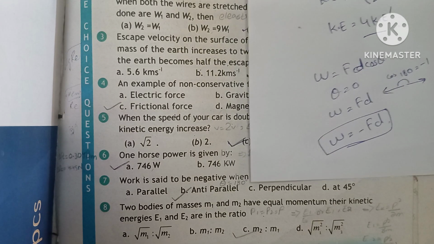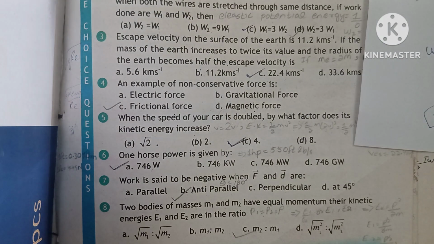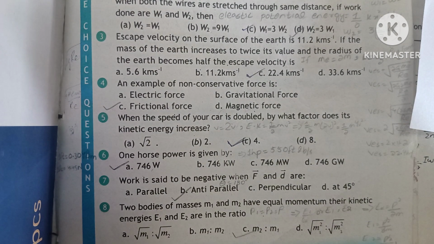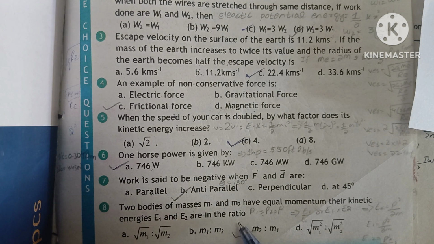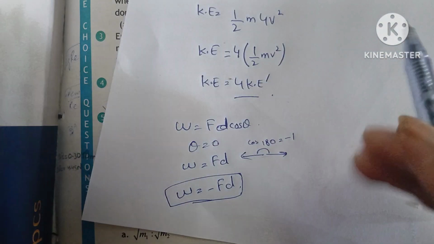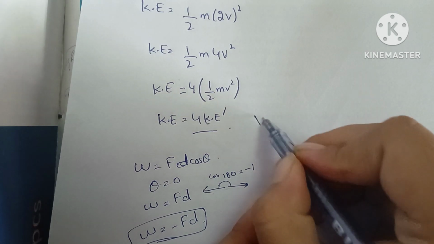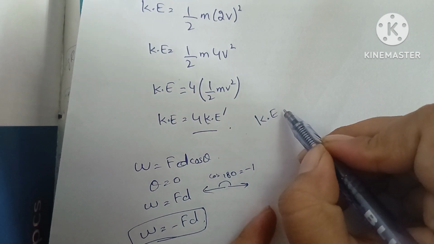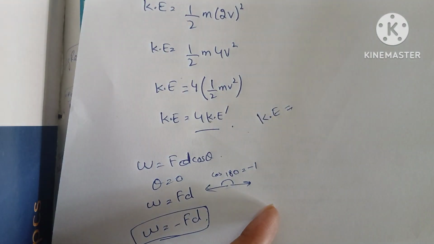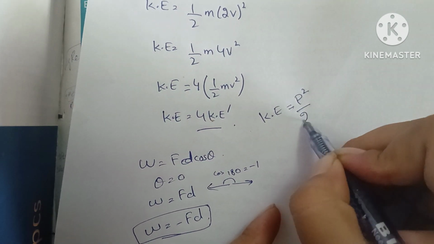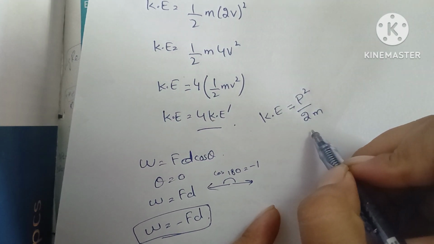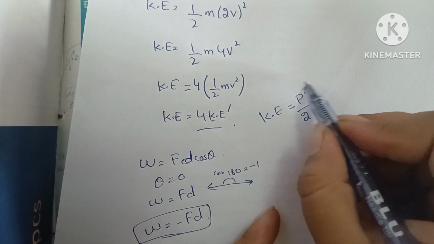Okay students, the 8th MCQ is, two bodies of masses m1 and m2 have equal momentum. Their kinetic energies are E1 and E2 in the ratio of? First of all, we will observe the relation of kinetic energy with mass. The formula of kinetic energy in terms of momentum is p square divided by 2m, and I will derive this relation for you.